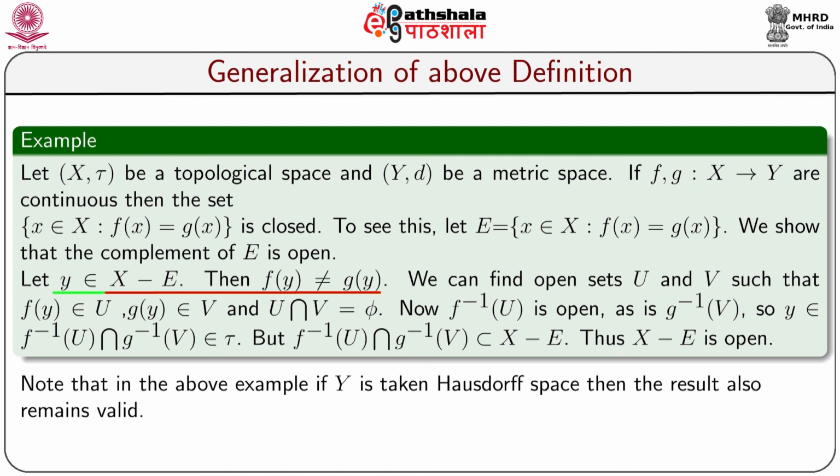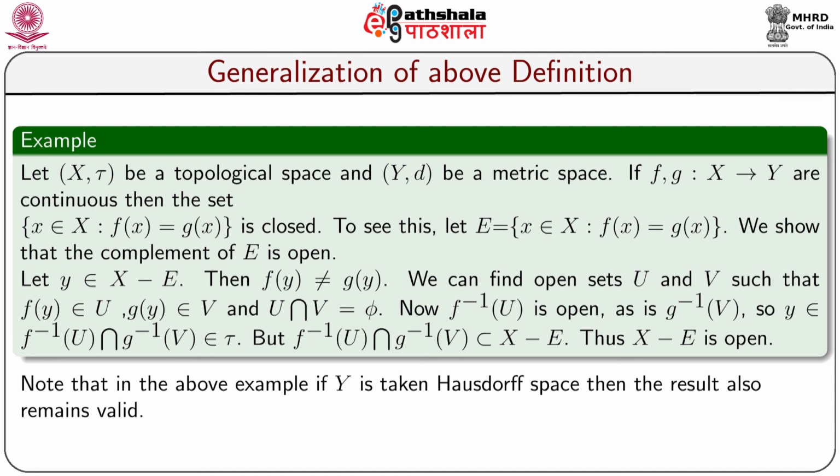Let y belong to X minus E. Then f(y) is not equal to g(y). We can find open sets U and V such that f(y) belongs to U, g(y) belongs to V, and U intersection V is equal to the empty set. Now f inverse U is open, as g inverse V is also.